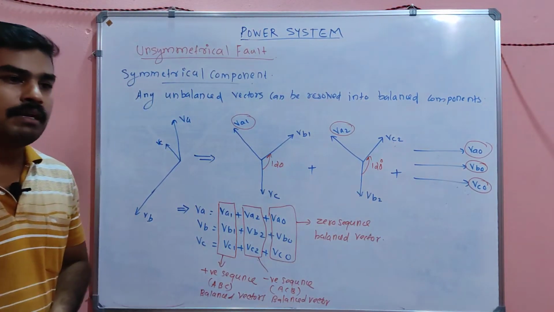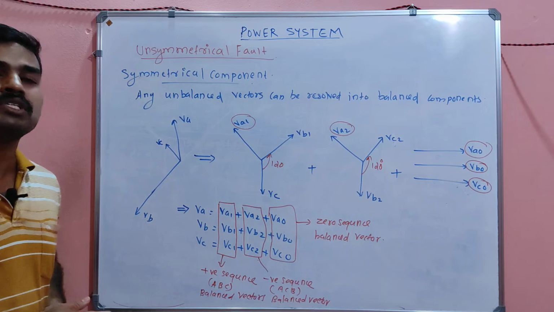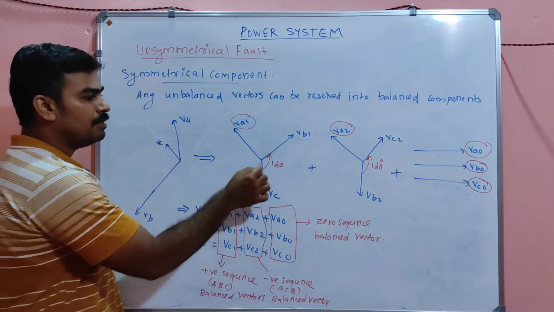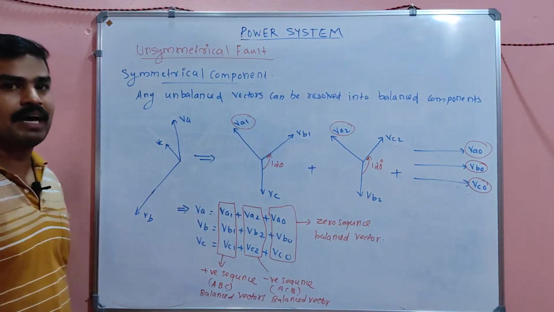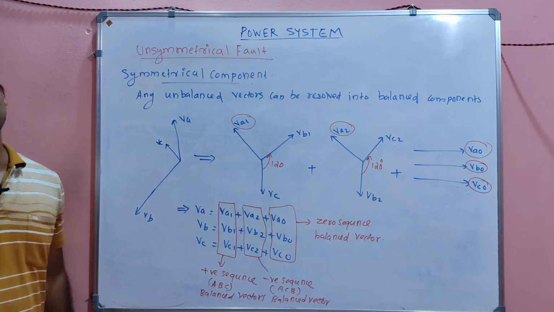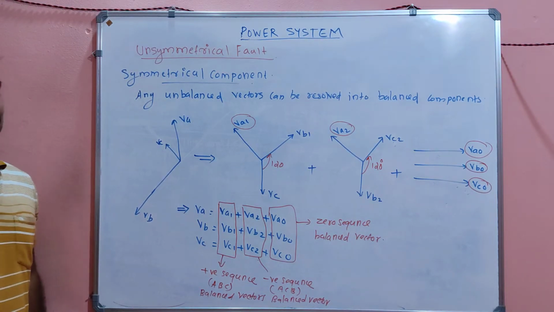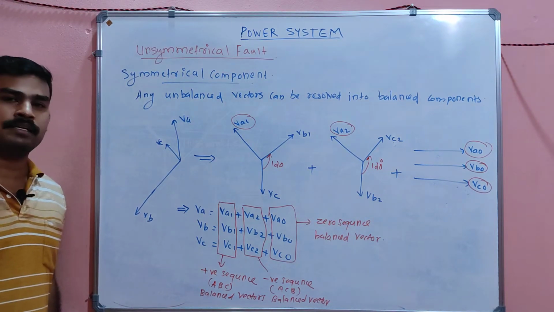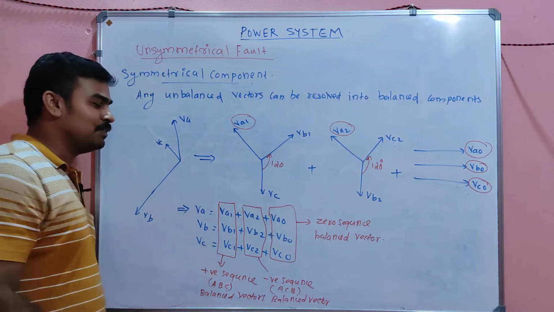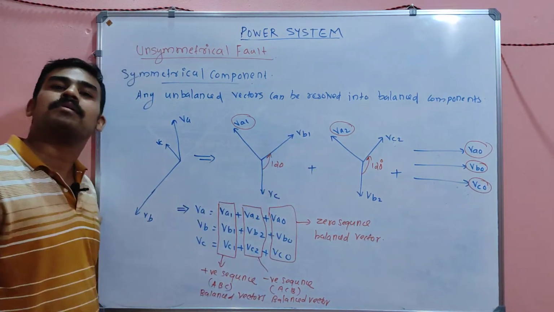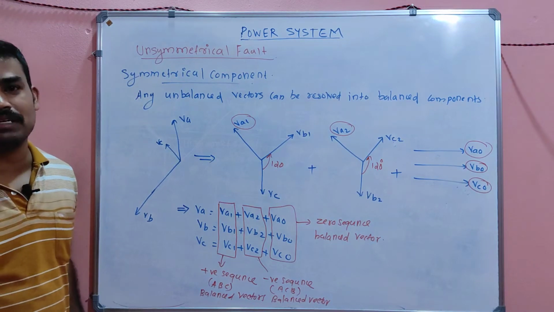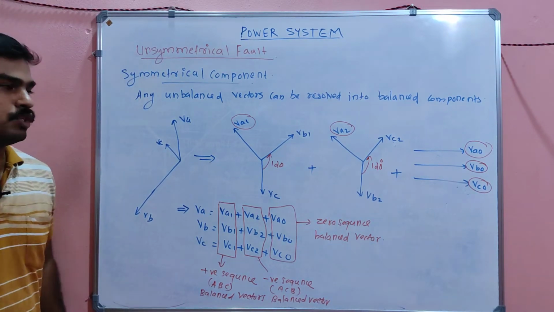Phase angle of 120 means it is a balanced vector. A phase angle of 60 between these three could also be called balanced, but 60 is not possible, since we have to make 360 degrees. But 0 is possible: there is no phase lag between the three vectors. So that is a balanced vector.